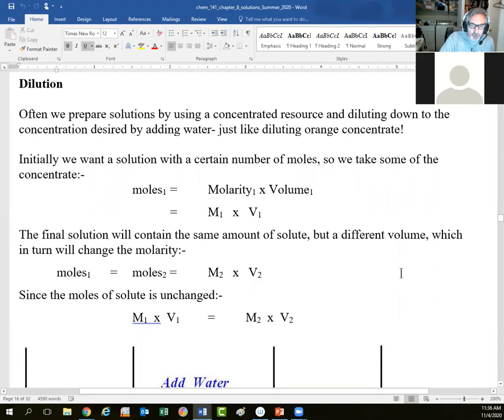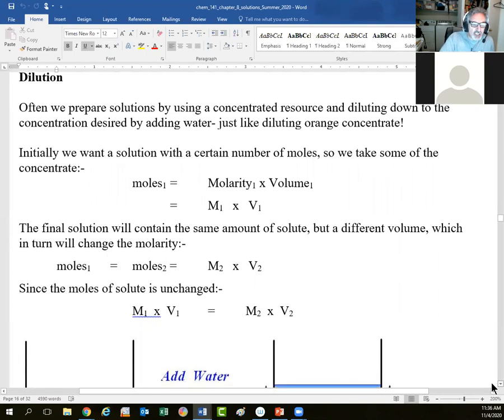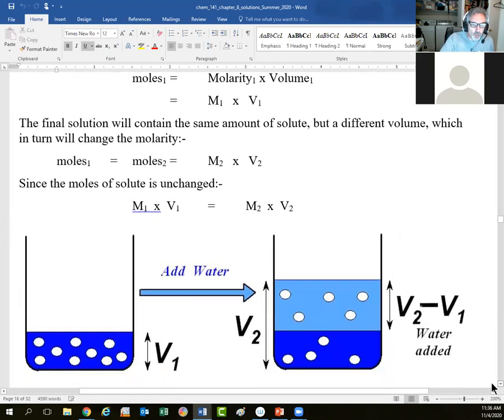So when we do a dilution, we're quite literally just adding in water. So whatever the concentration was to begin with, the number of moles of solute isn't changing by adding water. You're just diluting it.